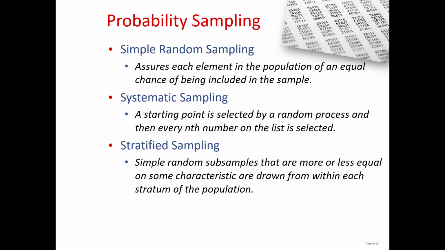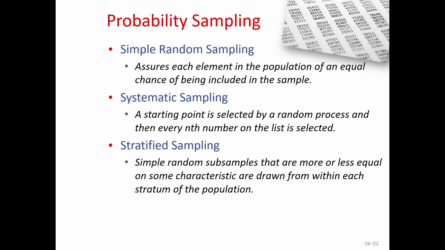This is probability sampling. And we have simple random sampling, the sampling that ensures each element of the population will have an equal chance of being included in the sample. This is called simple random sampling. For example, drawing names from a hat or selecting the winning raffle ticket from a large drum.